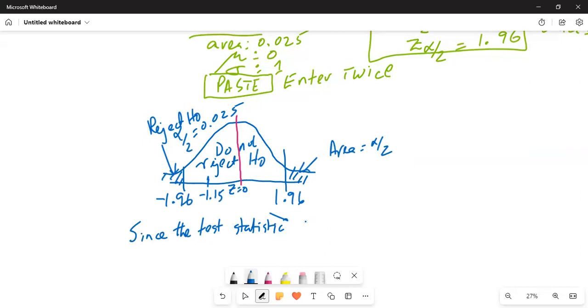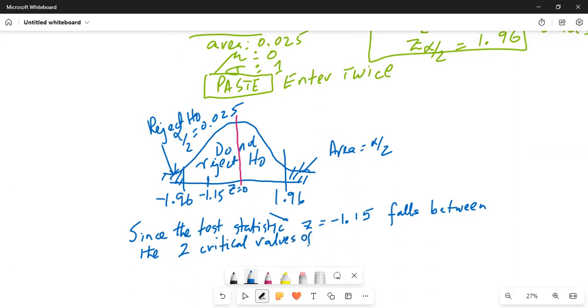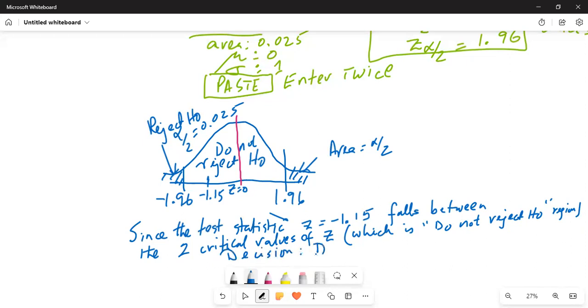Since my test statistic Z equal to minus 1.15 falls between the two critical values of Z, which is the do not reject H0 region, our decision is do not reject H0.